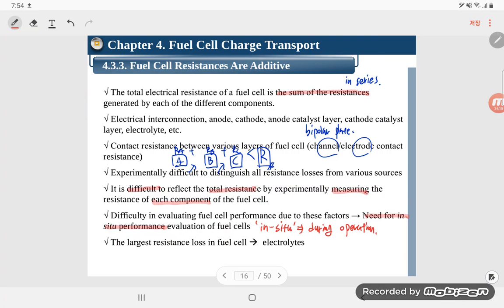Okay, so we construct the fuel cell overall, and we operate it, and during the operation we check each component's resistance. The reverse word is ex situ. And the largest resistance loss in a fuel cell is the electrolyte.